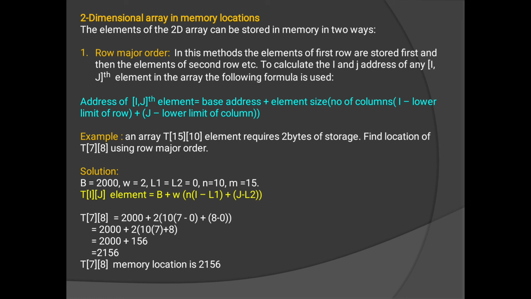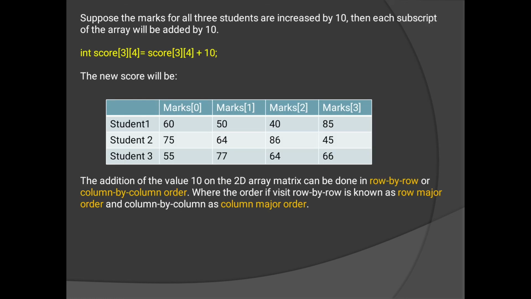If you are searching for 60, that will be the first element row wise, row 0 column 0. And if it is 50, that will be row 0 and column 1.